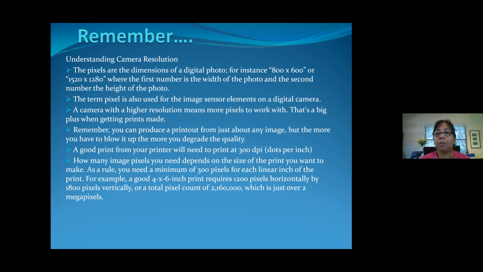So remember, you can produce a printout from just about any image. And the more you blow it up, the more you degrade the quality of the image. You don't need more than 300 DPI for printing. How many image pixels you need depends on the size of the print you want to make. As a rule, 300 pixels per inch is going to be good.